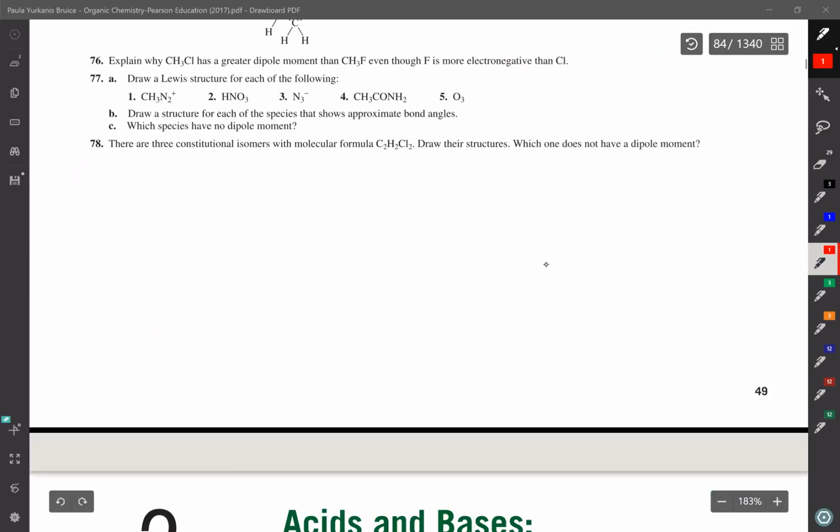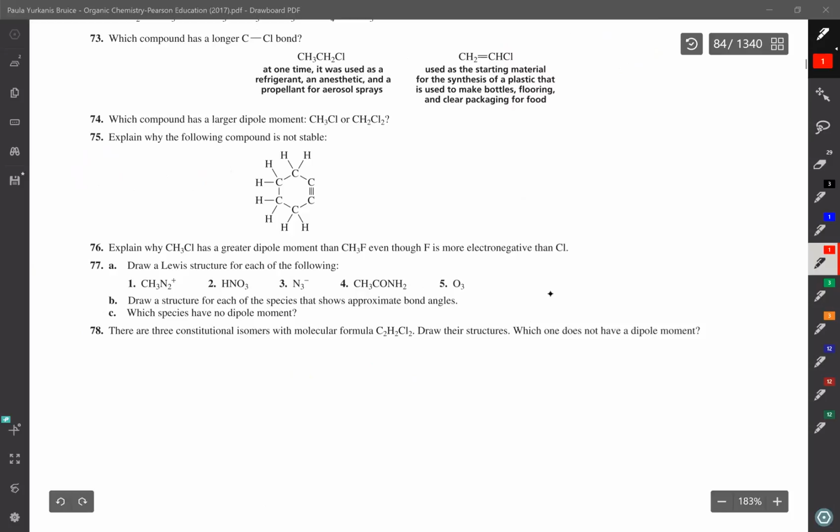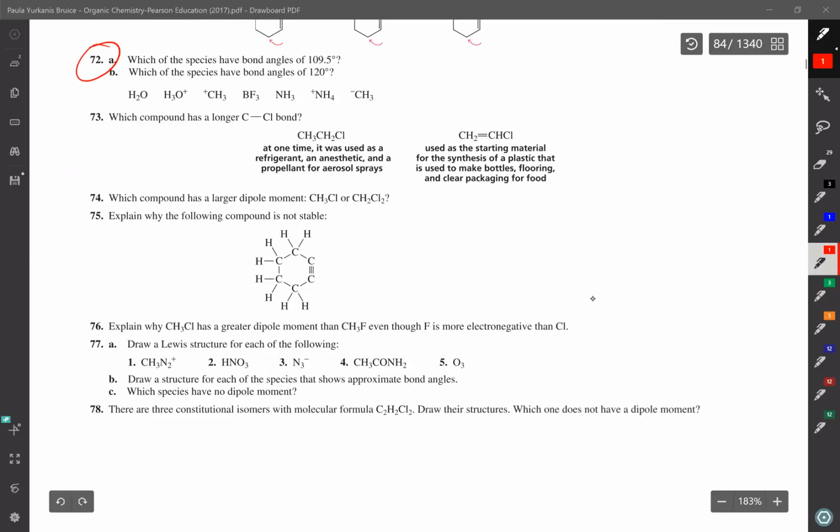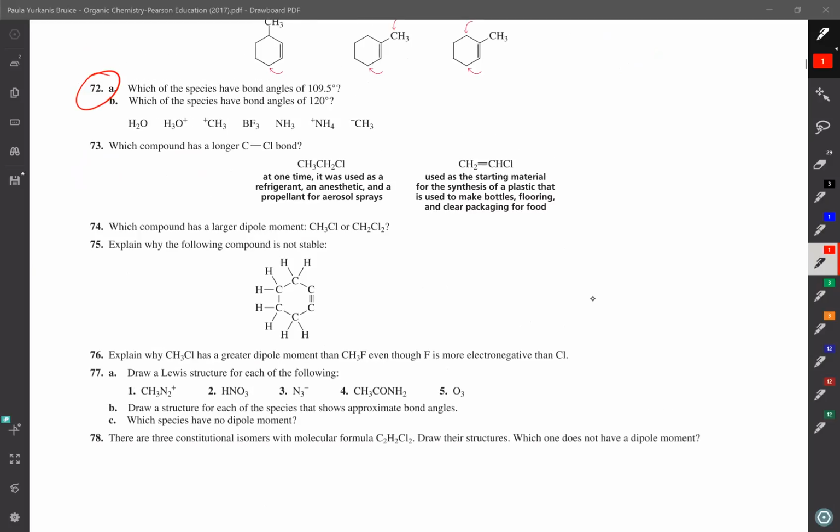So that's in a nutshell the kind of stuff I want you guys to remember in chapter 1. Oh, I forgot, polarity is also important in chapter 1. You need to know how to determine if a bond is polar or non-polar.